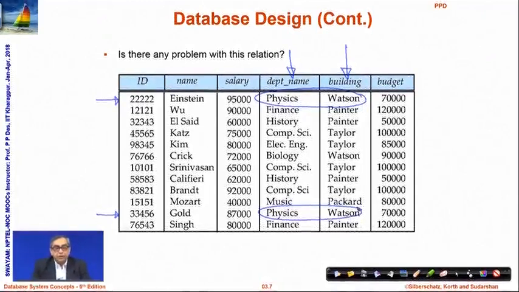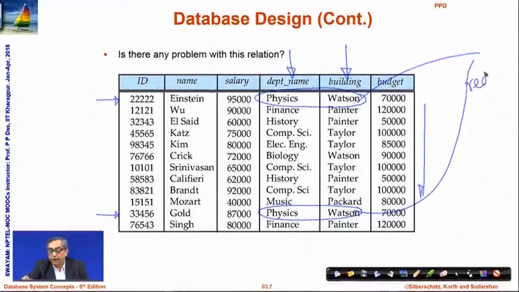Now, if the physics department is housed in the Watson building, then all the instructors in this table who are part of the physics department would have their department housed in the Watson building. So, there is a certain issue of redundancy.